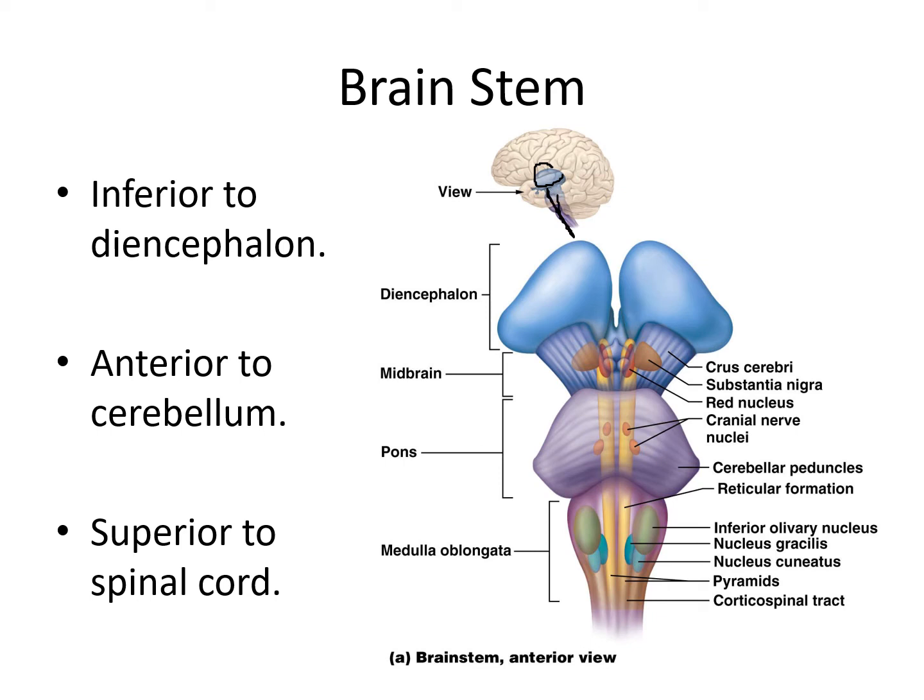In this figure, it looks kind of like an alien, but here's the diencephalon, and the brainstem is going inferior to it. So the brainstem is anterior to the cerebellum, which is down here, and superior to the spinal cord, because the spinal cord is continuing down here.